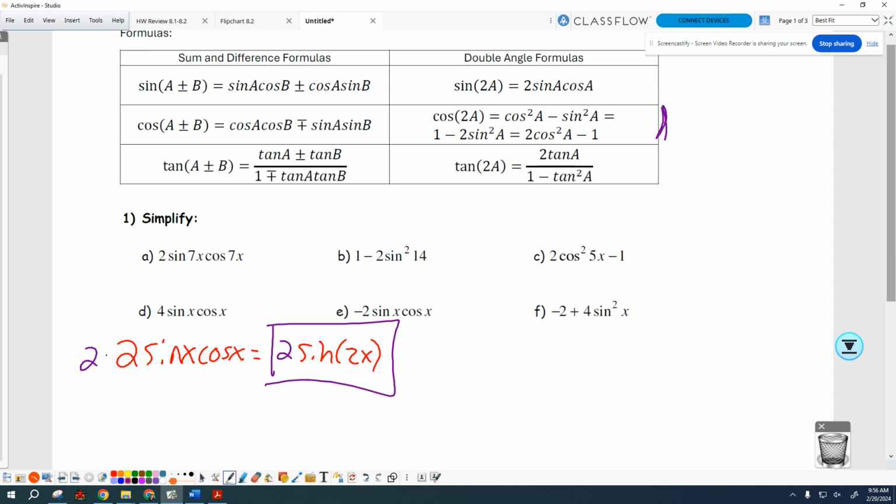So it looks like one of those middle ones. Adam, is it the first one, the second one, or the third one that it's closest to? I would say it's the second one. The second one, 1 minus 2 sine squared A.